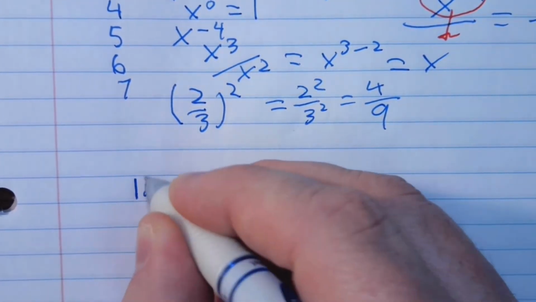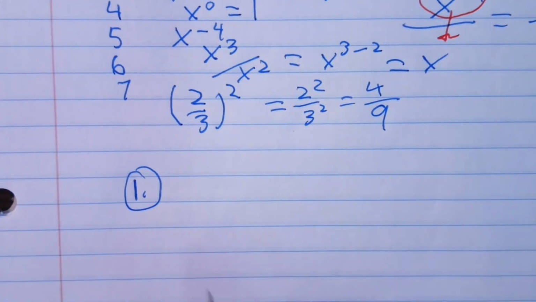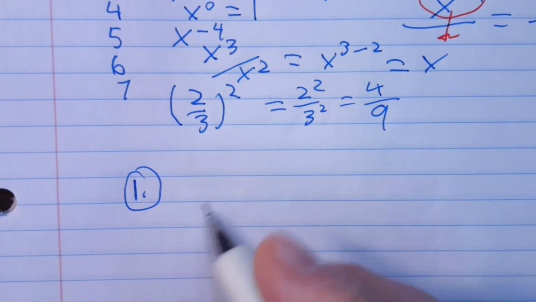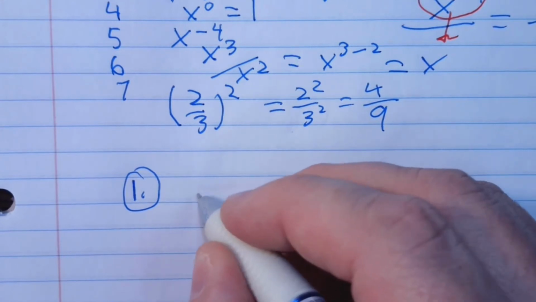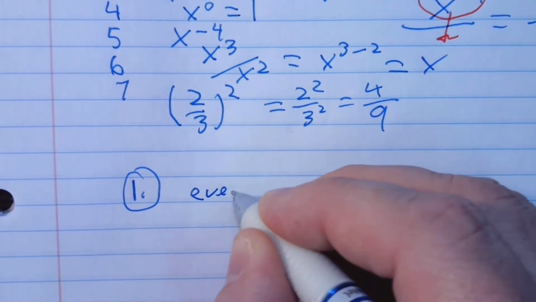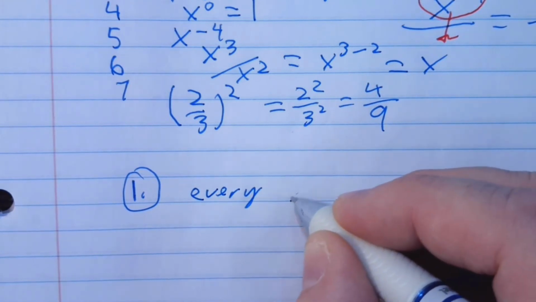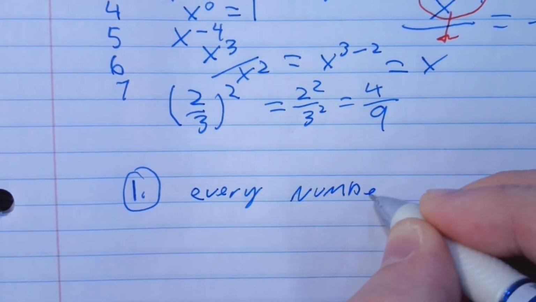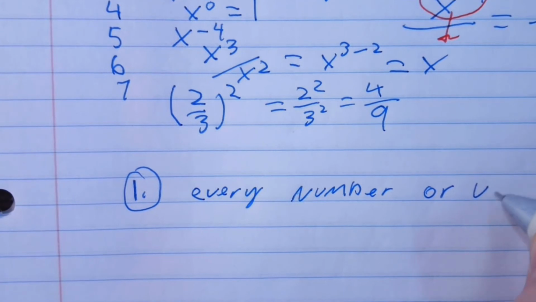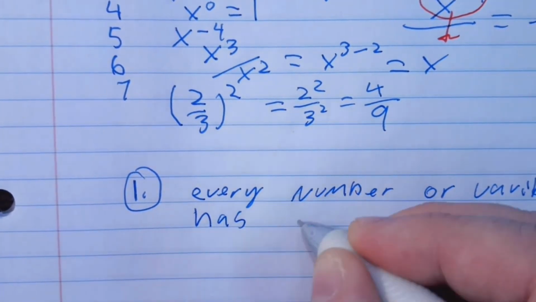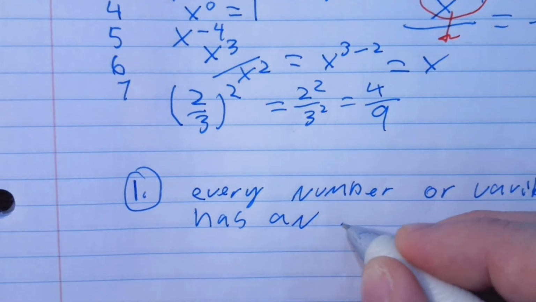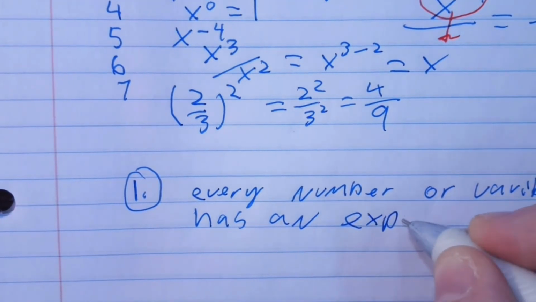So the first thing we're going to do, we're going to make sure every constant, so every number or variable, has an exponent or a power.